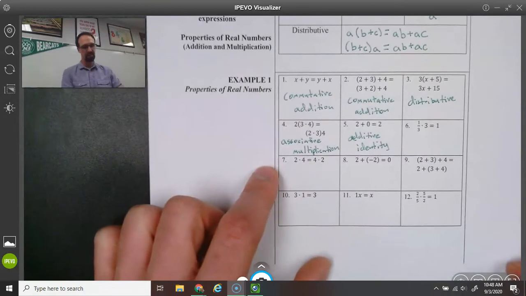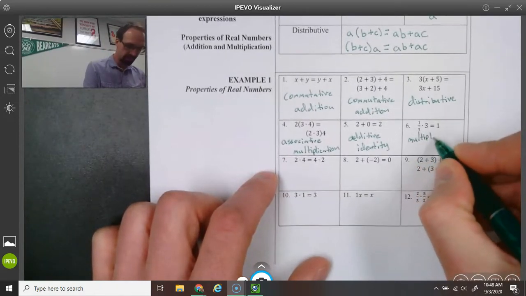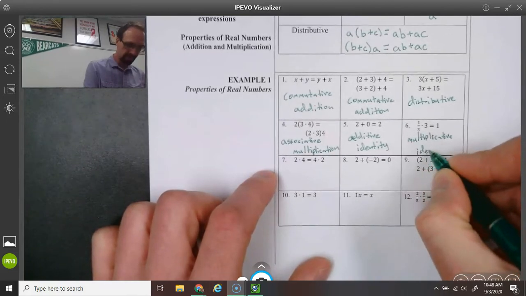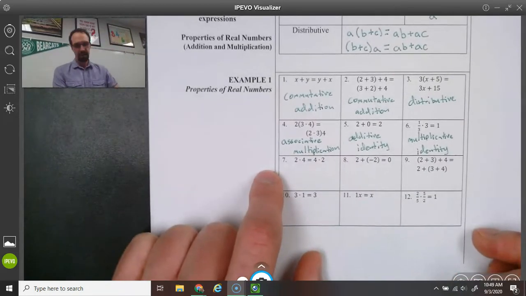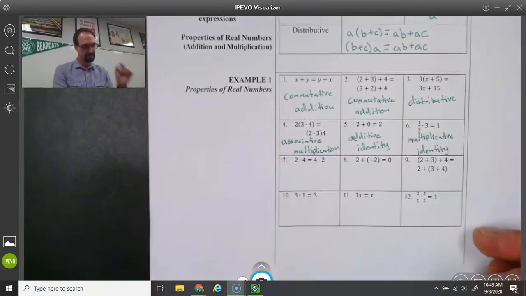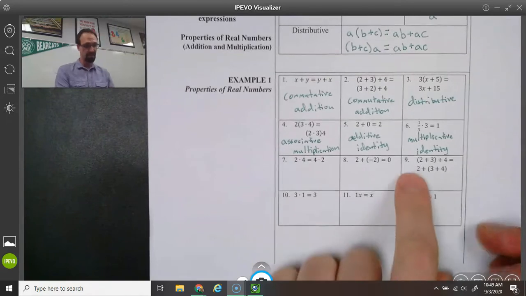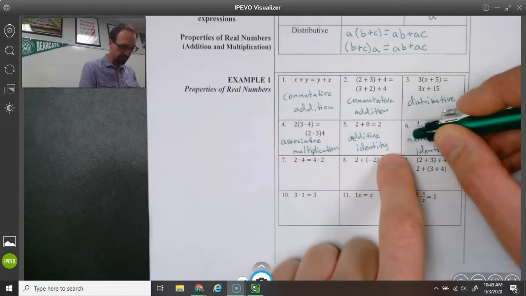With number 6, this is the multiplicative identity. It's not. I apologize. That is not the multiplicative identity. That's the inverse.